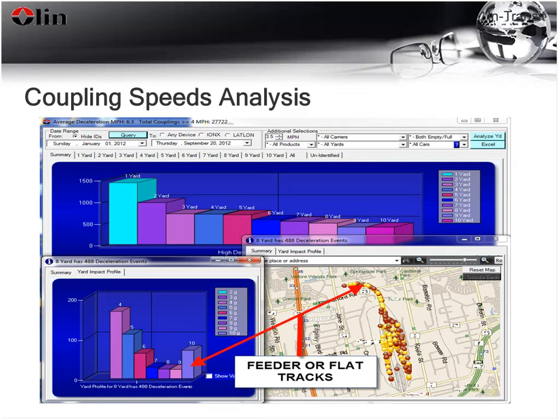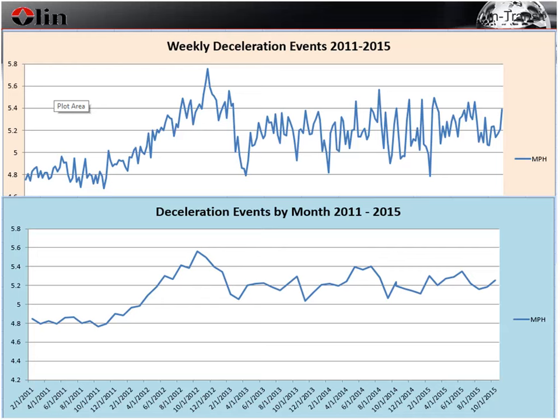It's almost, I think, 70 or 80 events that were 10 miles per hour deceleration speeds in this yard. Because it's GPS, you see exactly where these events were happening. And in this case, we could tell that the 10 mile per hour couplings were actually occurring in the feeder or flat tracks above the hump yard and not in the hump yard.